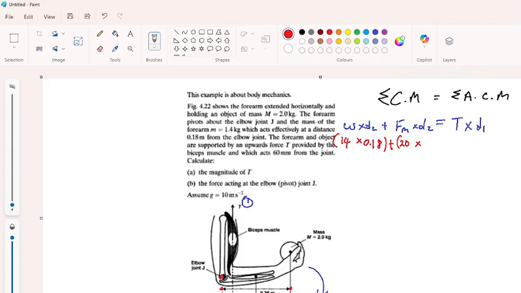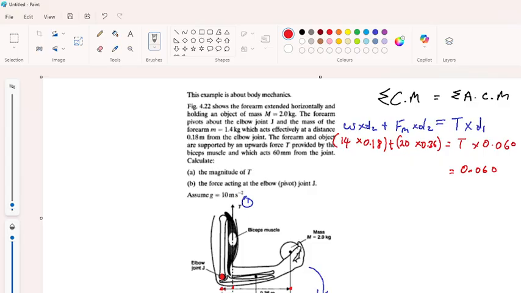Everybody takes the distance from the ball joint. Only students who are not careful will take any other distance, which is going to be 0.36. We don't know the tension, and the distance is from here, where the tension is perpendicular, to here, and we were told that it was 0.060. So I'll put that in there. So all forces are taken about the same point.